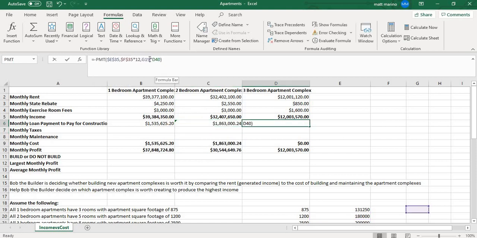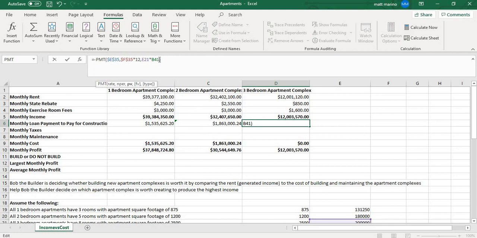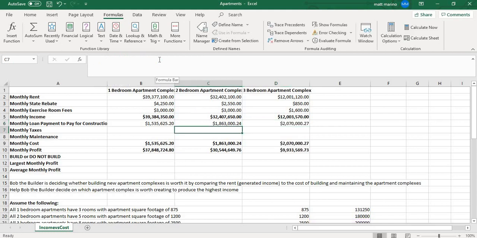And for our 3-bedroom, it is now E21 times B41. Our B40 and B41 are the prices found within that table in our assumptions below.